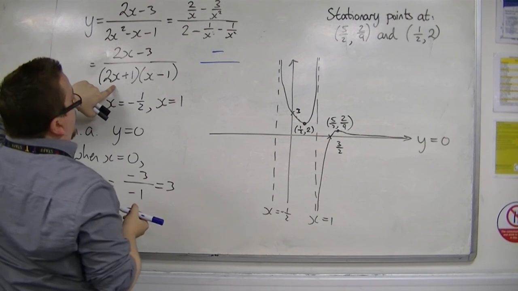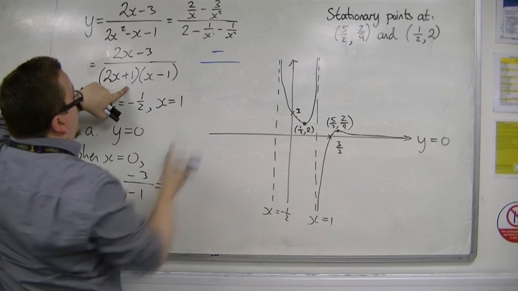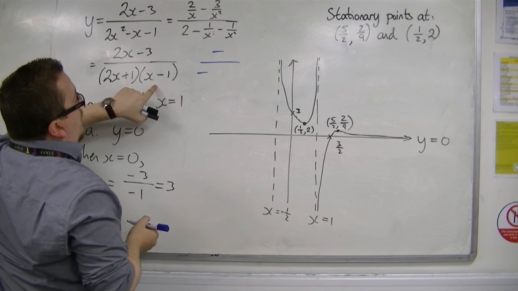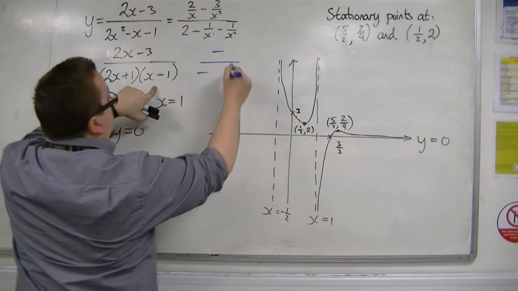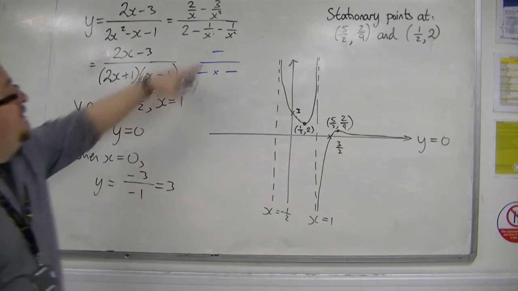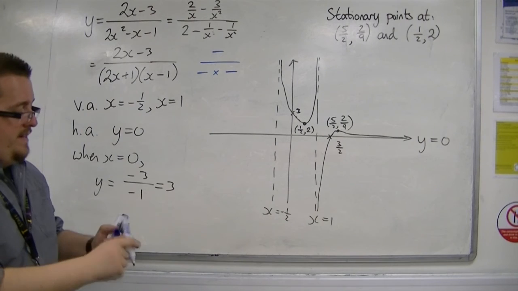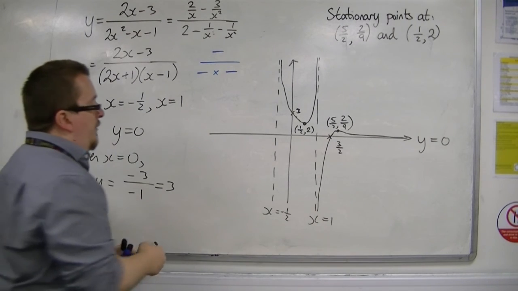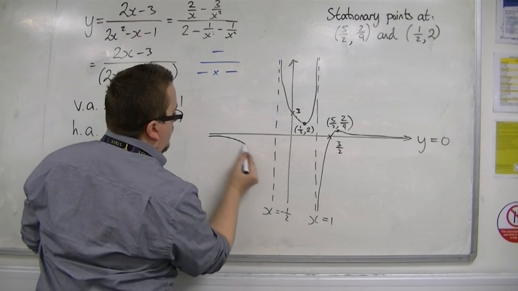We'd have minus 2 lots of minus 1 plus 1, which is negative, and we've got minus 1 take away 1, which is also negative. So we've got 2 negatives on the bottom, which make a positive. Negative over positive would be negative. And so the curve must be down here.